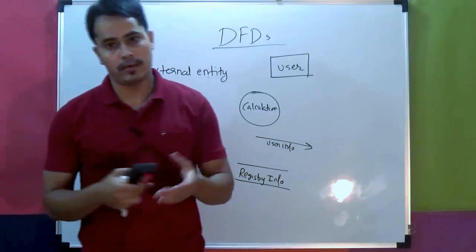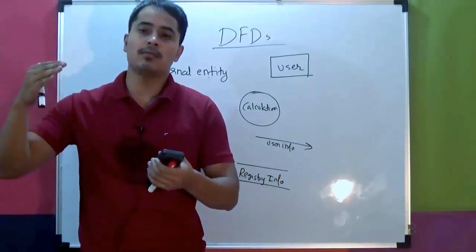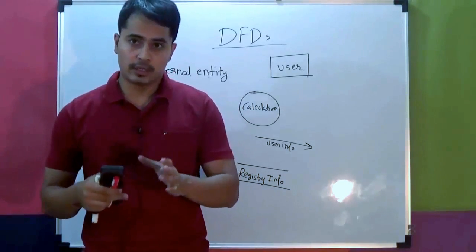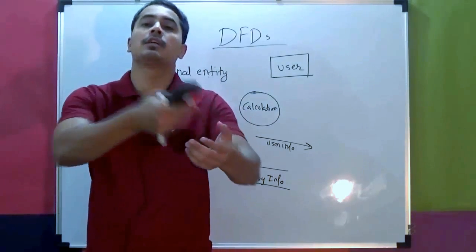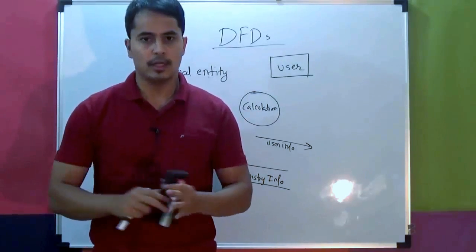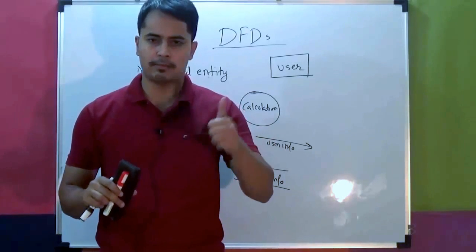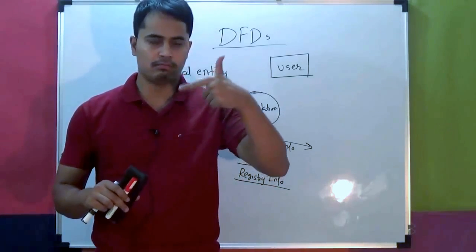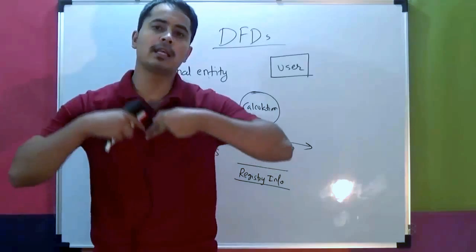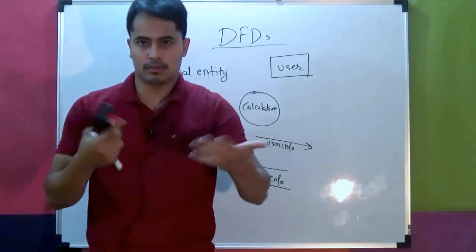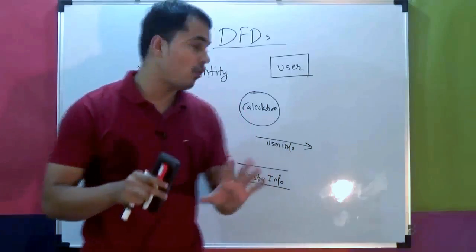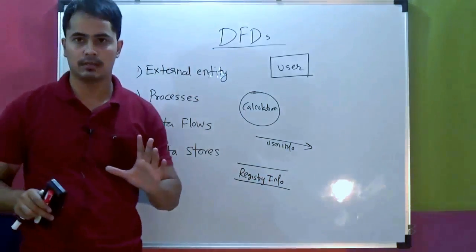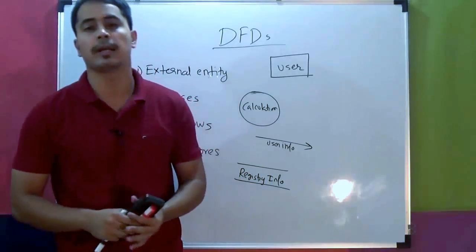It could be a hardware, or it could be another system or program which either provides data to your software or which consumes data from your software. So anything, any object like a person, hardware, or another software, which either consumes data of your software or provides data for your software, qualifies as an external entity for that particular software that you are building.